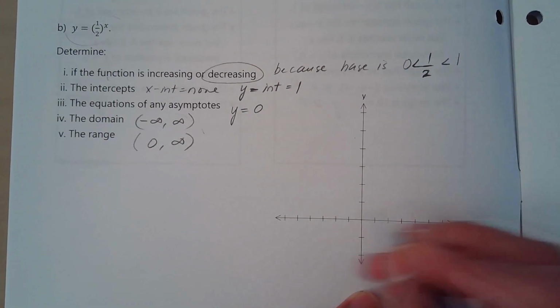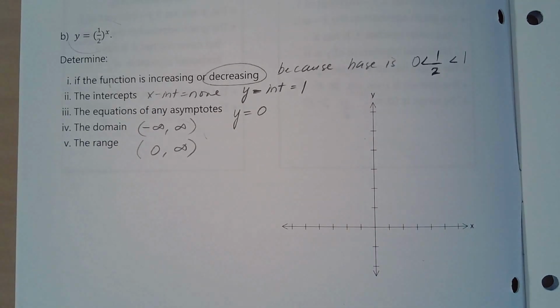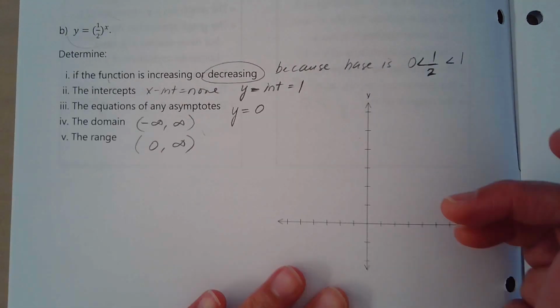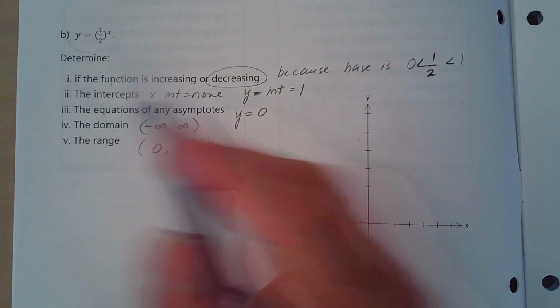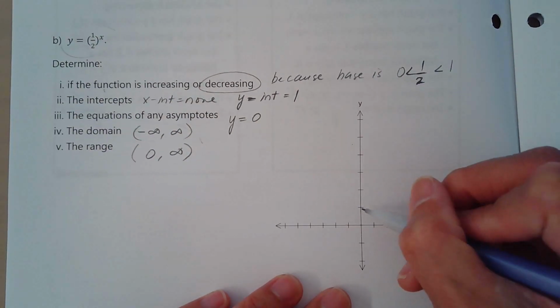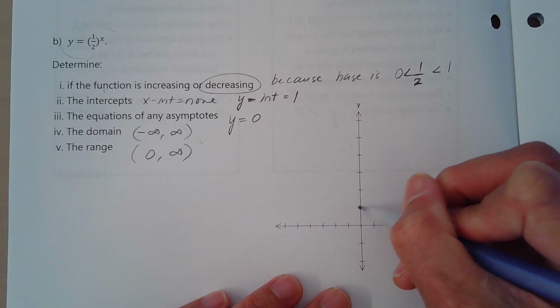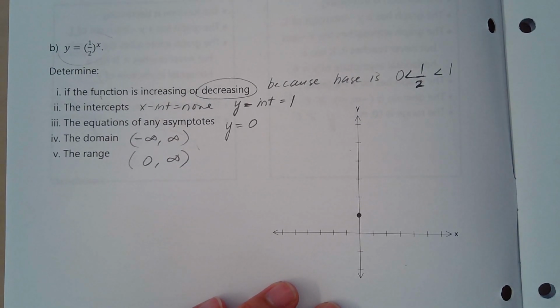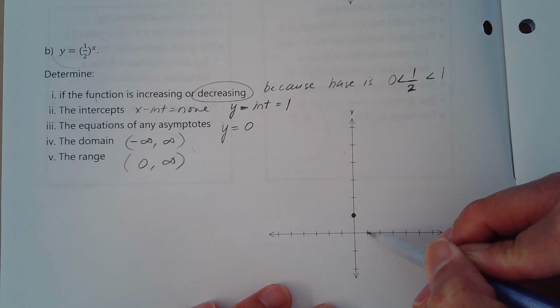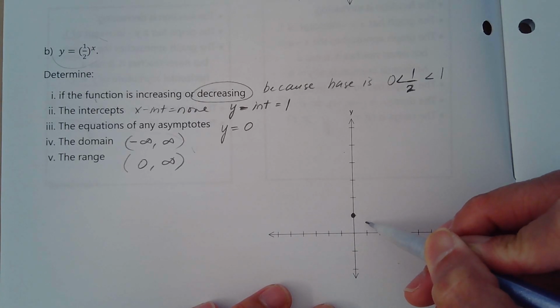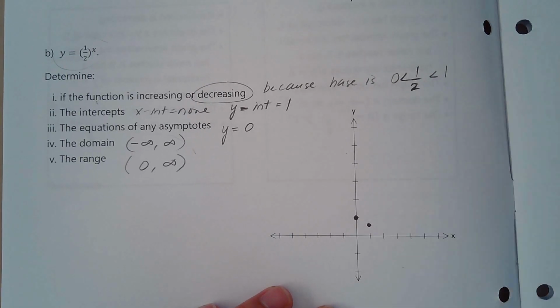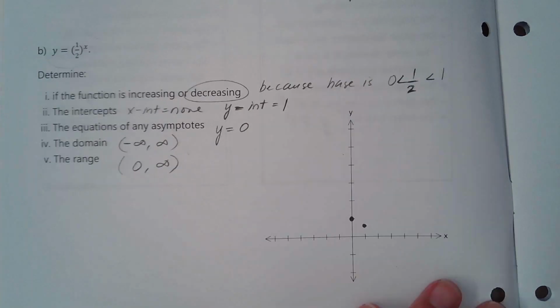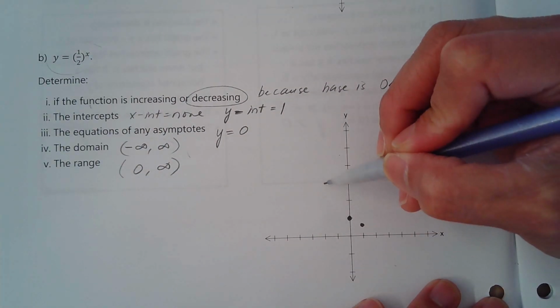So how can we graph this with some points in here? So we'll start with the y-intercept at (0, 1). And then if x is 1, your y is the base value, 1/2.